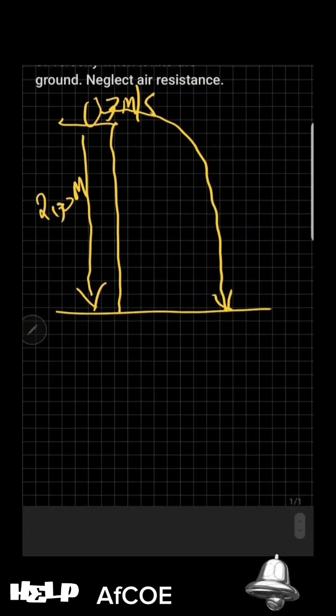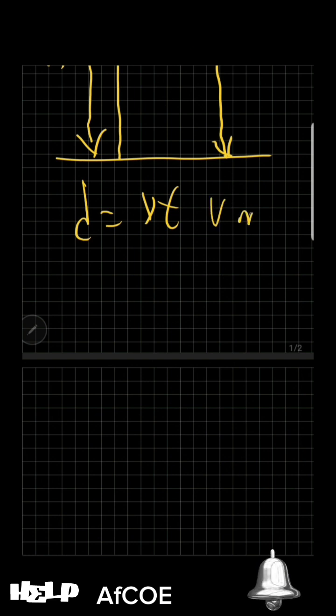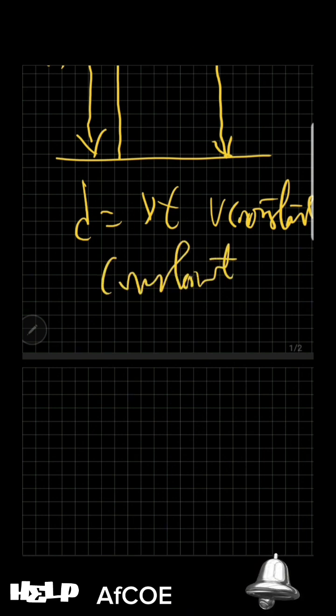In projectile motions, at constant speed, you have to know the equation d equals speed times time, d = vt. But at constant acceleration, there are basically 4 equations that you have to be familiar with.